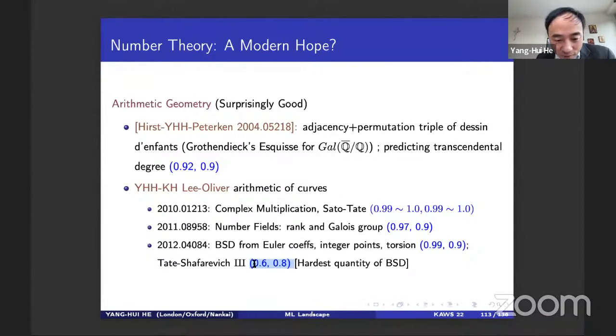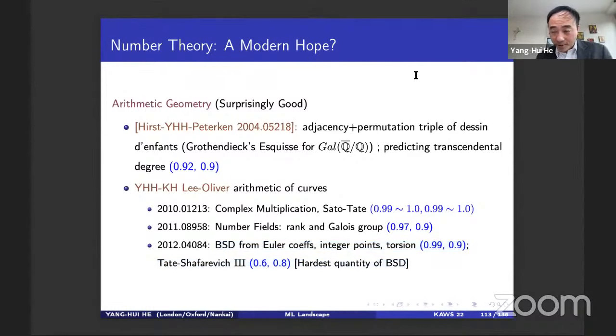And that one we didn't do very well, as you would imagine, but it's still not random guessing. So hopefully, this is early days, right? This is all within the last year or so. We hope that this kind of approach, once we start interpretability, will give insights towards attacking problems such as the Birch-Swinnerton-Dyer conjecture. So that's kind of fun.